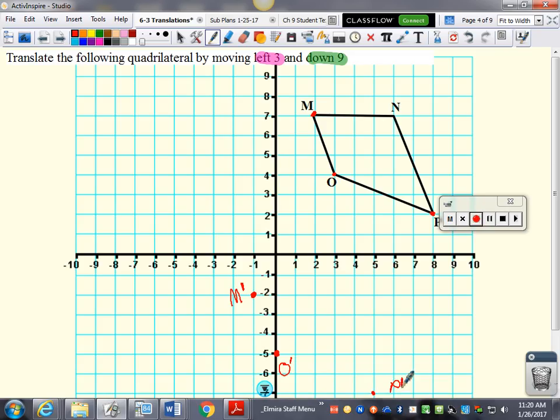P prime. 1, 2, 3, 1, 2, 3, 4, 5, 6, 7, 8, 9. N prime. And once I have all the dots, you can connect them together.